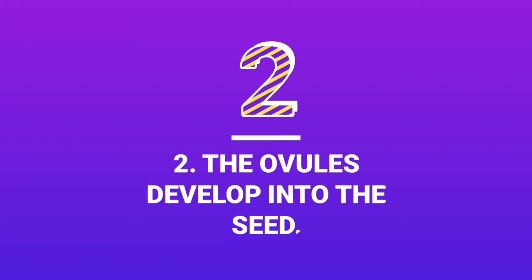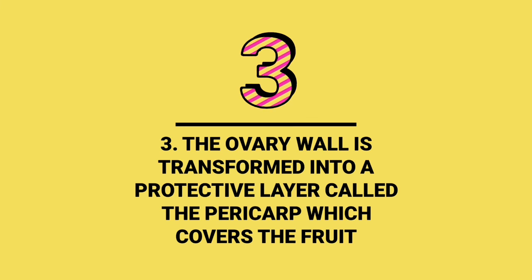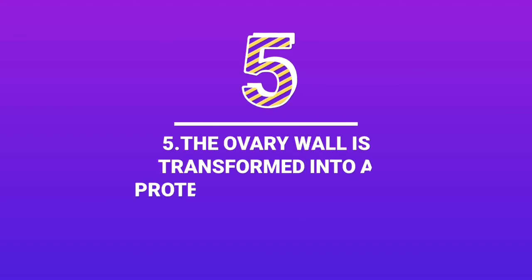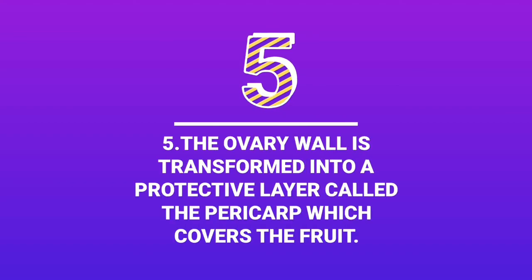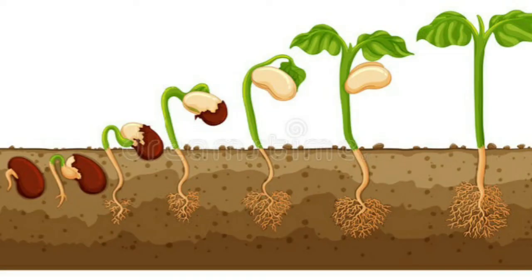Ovule develops into seed. 3. Integuments of the ovule develop into seed coat. 4. Ovary develops into fruit. 5. Ovary wall develops into pericarp, and it is protective in function. After dispersal, seeds germinate under favorable conditions to produce new plants.